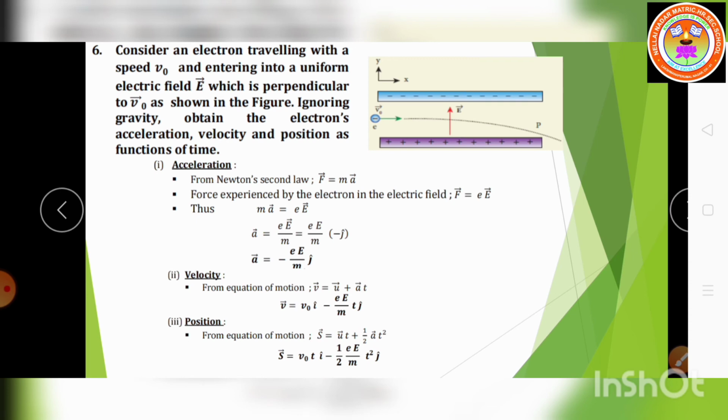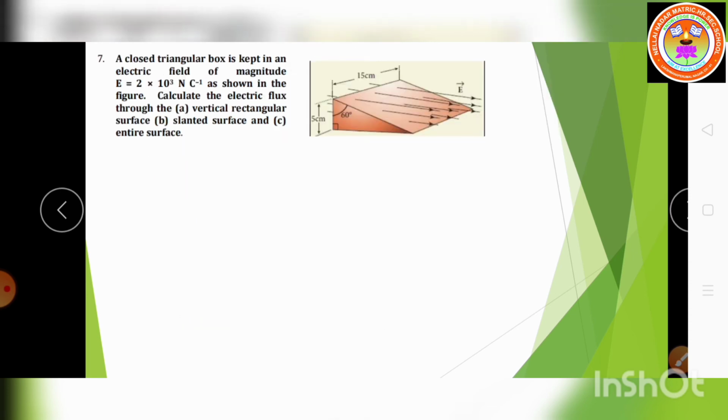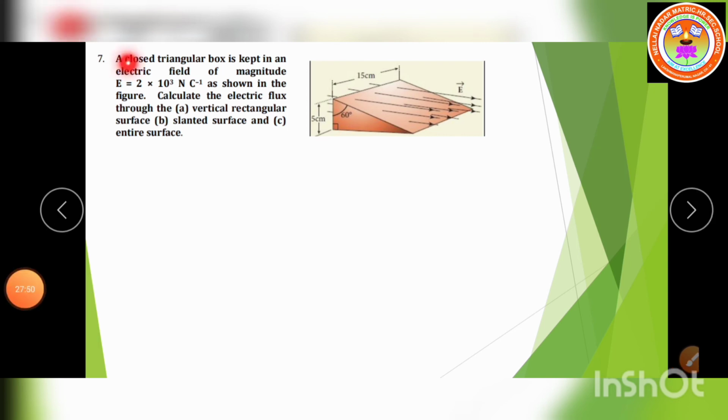Understand, children? Next, come to question number 7. A closed triangular box is kept in an electric field of magnitude E equal to 2 into 10 power 3 Newton per Coulomb, as shown in the diagram.